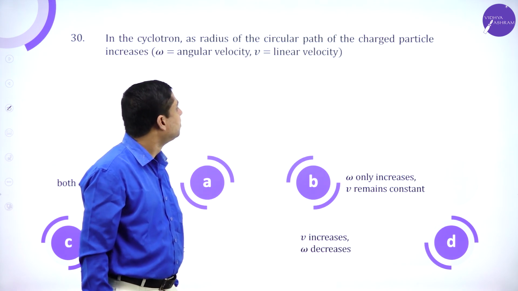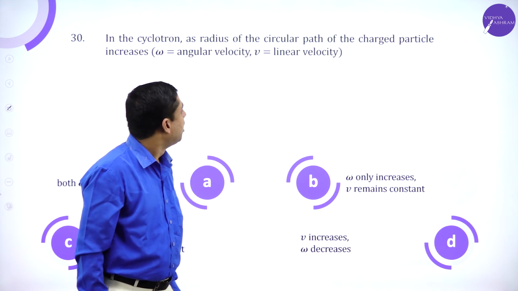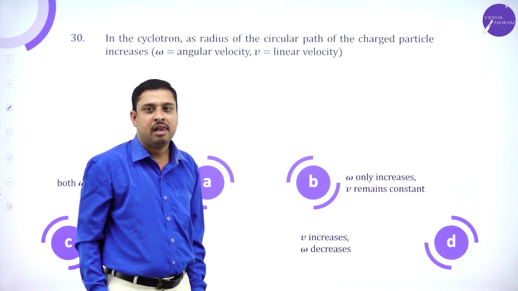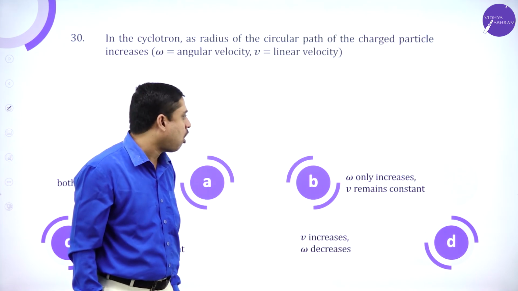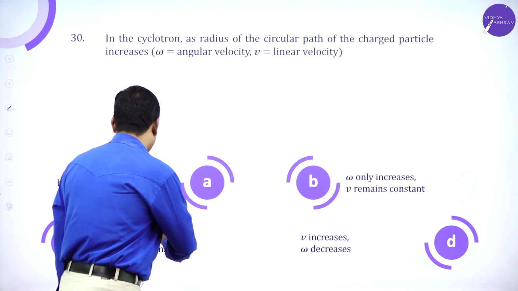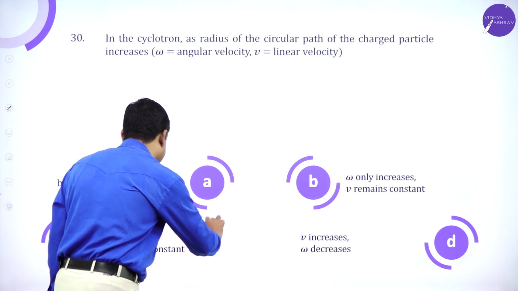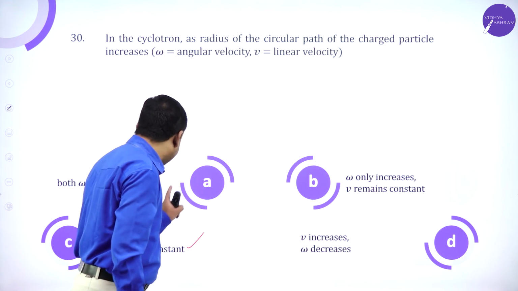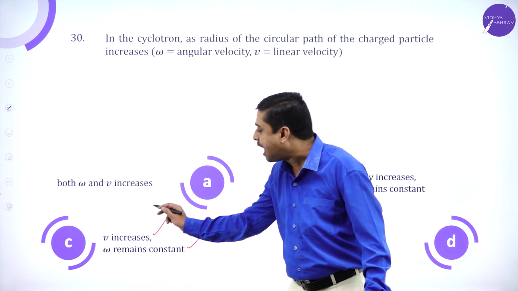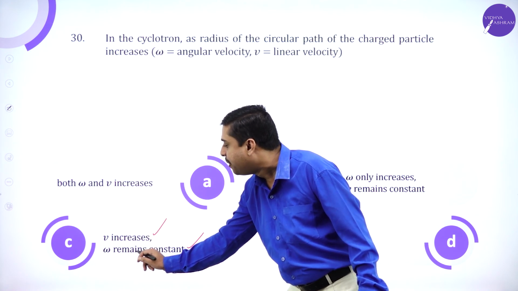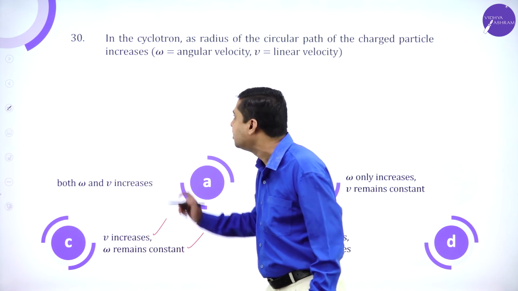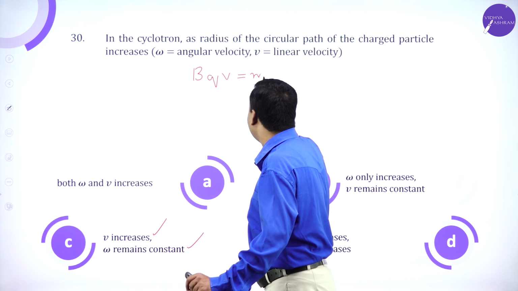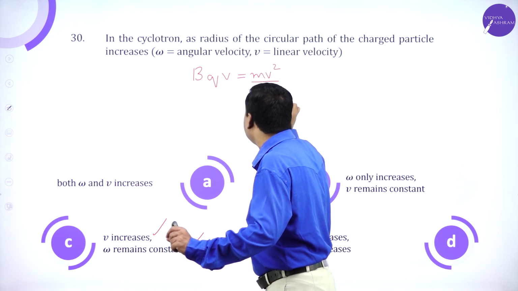In the cyclotron, the radius of the circular path of the charged particle increases. So, in a cyclotron, we always know linear velocity increases, angular velocity remains constant. Why? In a cyclotron, BQV is mv square by r.